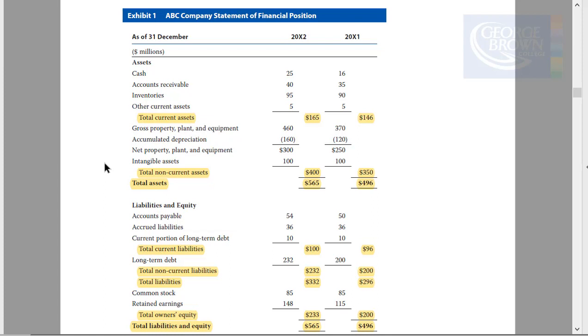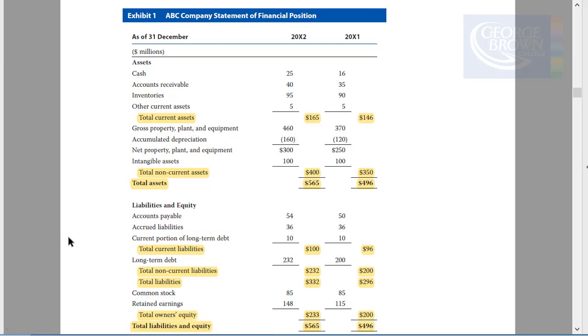A patent is an asset. It's a resource controlled by the company that has a value, but we call it an intangible asset. There's other examples such as goodwill, okay? So we can see 20X2, current assets 165 plus non-current assets 400, total assets 565, and the total assets equals liabilities plus equity of 565 in 20X2, okay?